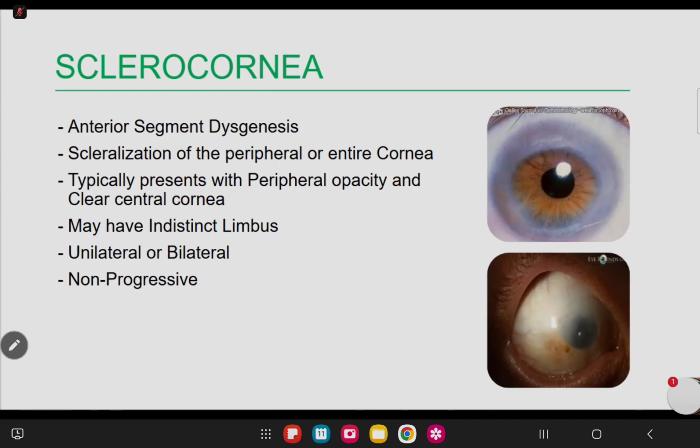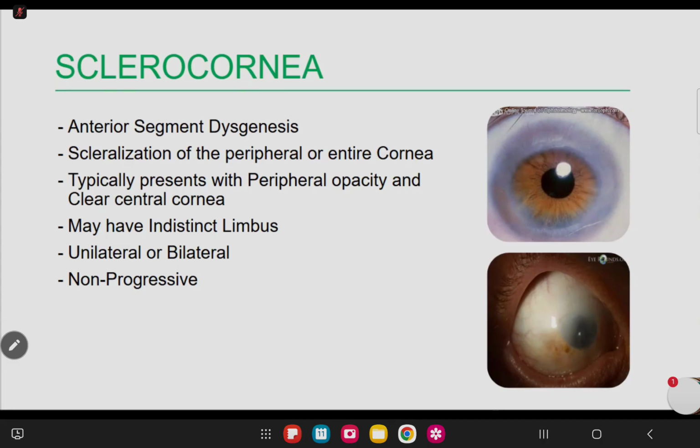So sclerocornea, it's also part of your anterior segment dysgenesis. The cornea is having a presentation just like your sclera. So it's scleralization of the peripheral or the entire cornea. Typically presents with peripheral opacity and clear central cornea.